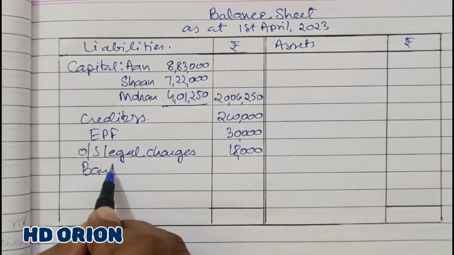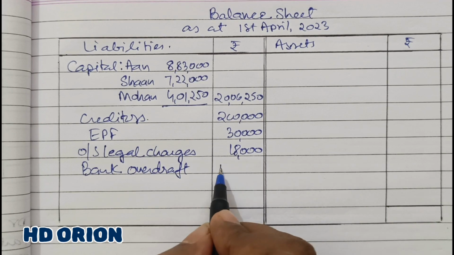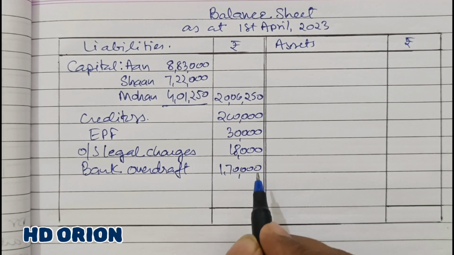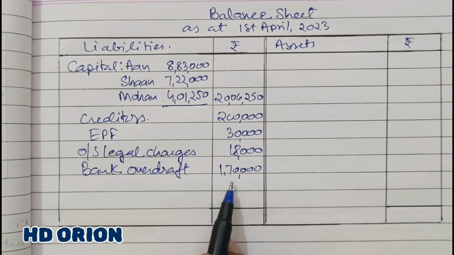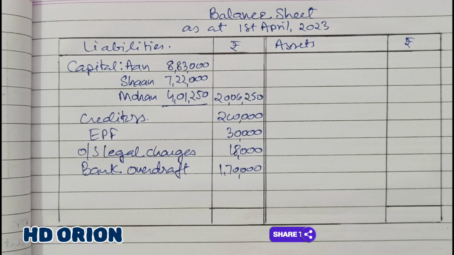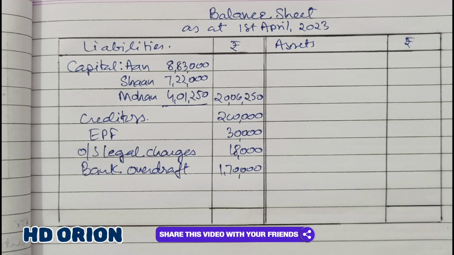Then bank overdraft is also there, of rupees 1,70,000. This bank overdraft can be paid if there is an amount in the bank. So if you have enough cash, then you can clear this bank overdraft. In one of the previous questions, we were subtracting it from the bank balance, but in this balance sheet there is no bank account given.